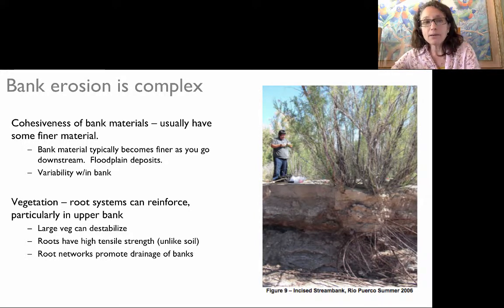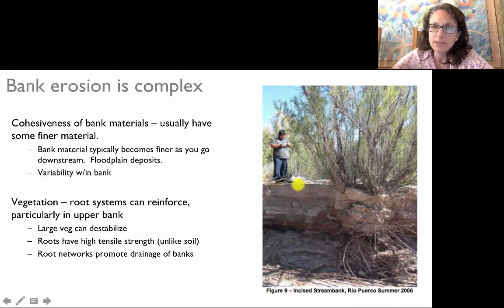One is that bank materials can be cohesive, of course, and usually we have some fine material in banks because they're floodplain deposits. That can be cohesive, and you can end up with vertical banks that don't fail from sediment just being plucked away.